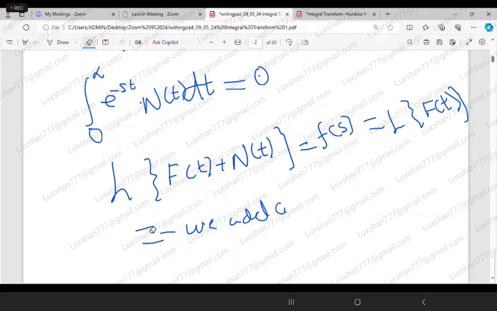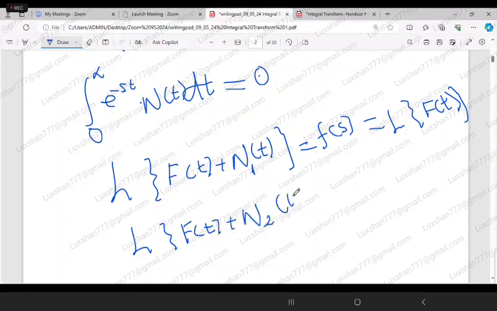Say for an example, this is null function 1. So with null function 1, the transform is also F(s). If another one, say f(t) plus another null function n2(t), then this is also same as F(s). Why?